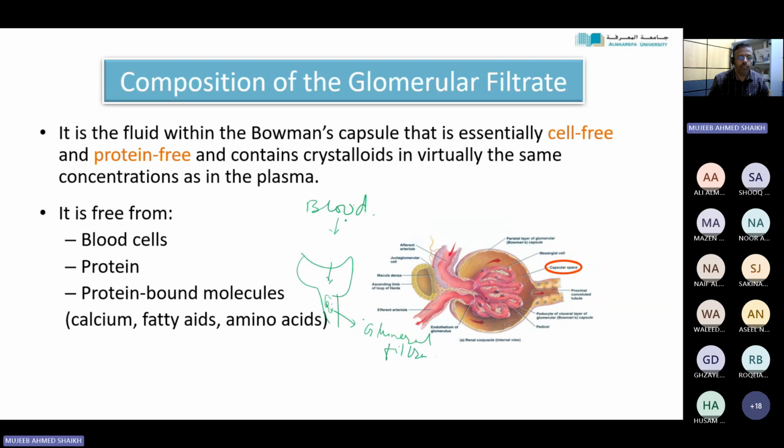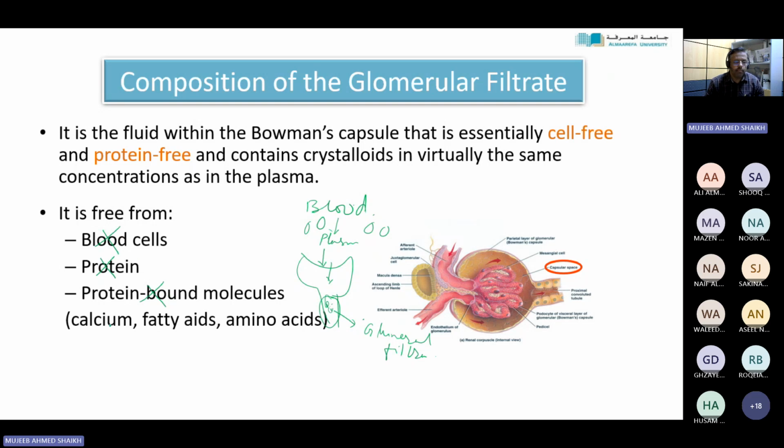Out of blood, only plasma will be passing. Only plasma will be filtered. Cells, RBCs, will not be filtered. So the thing which is reaching here, that is glomerular filtrate, will contain everything except blood cells, protein, or protein bound molecules.